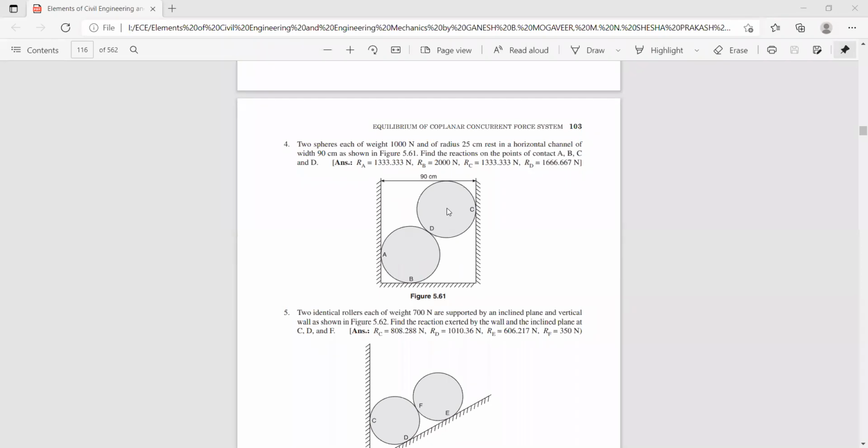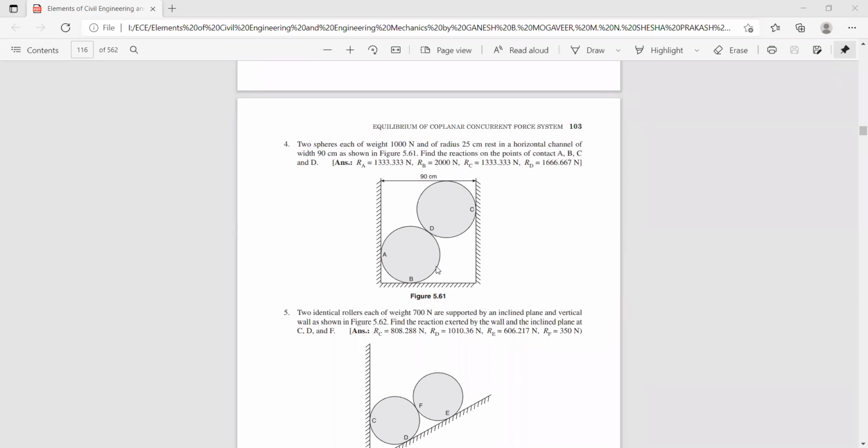O1O2 is 50 centimeters and O1O3 is 40 centimeters. You want this angle, correct? Because this reaction will be inclined, making an angle theta with respect to the horizontal. So cos theta is equal to O1O3 divided by O1O2. O1O3 is 40 and O1O2 is 50. Correct?